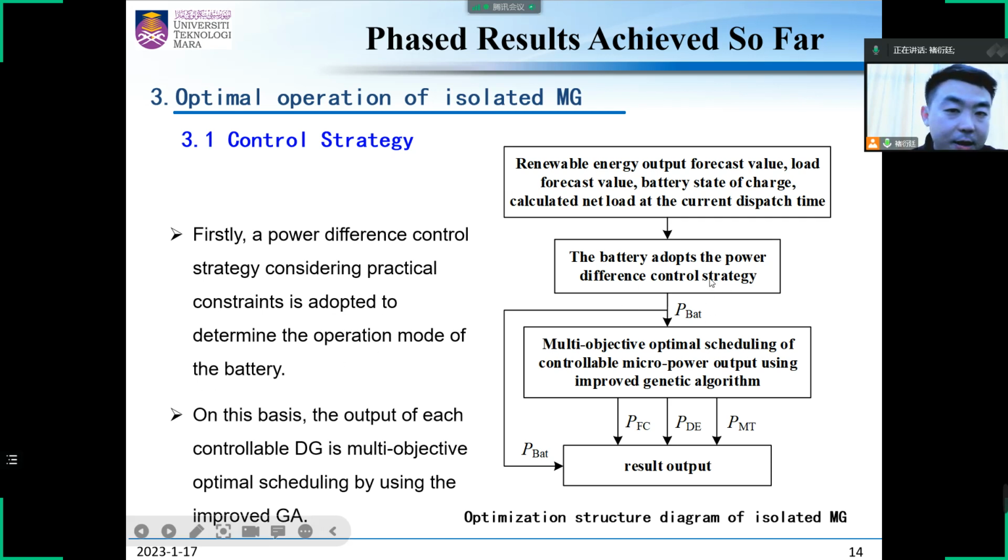We can get the P battery, and on this basis, the output of each controllable DG is multi-objective optimal scheduling by using the improved GA, and then we can get the PFC, PDE, and PMT. So after two steps, we can get the total result output.